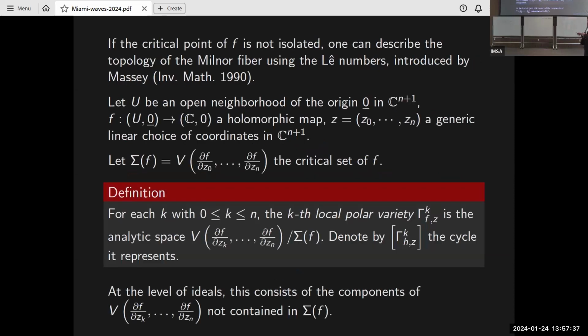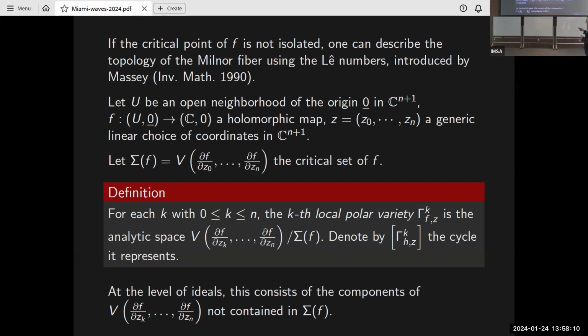In that case, it is known that the Milnor fiber is diffeomorphic to a ball of the correct dimension, to which you attach successively handles of different dimensions. How many handles you have to attach at each stage is measured by numbers which are called the Lê numbers. Those will be relevant later in the talk.